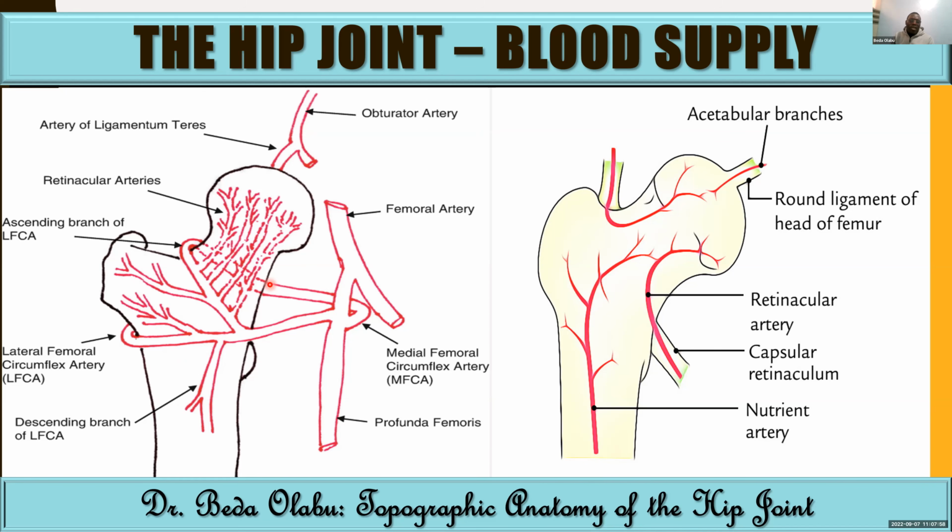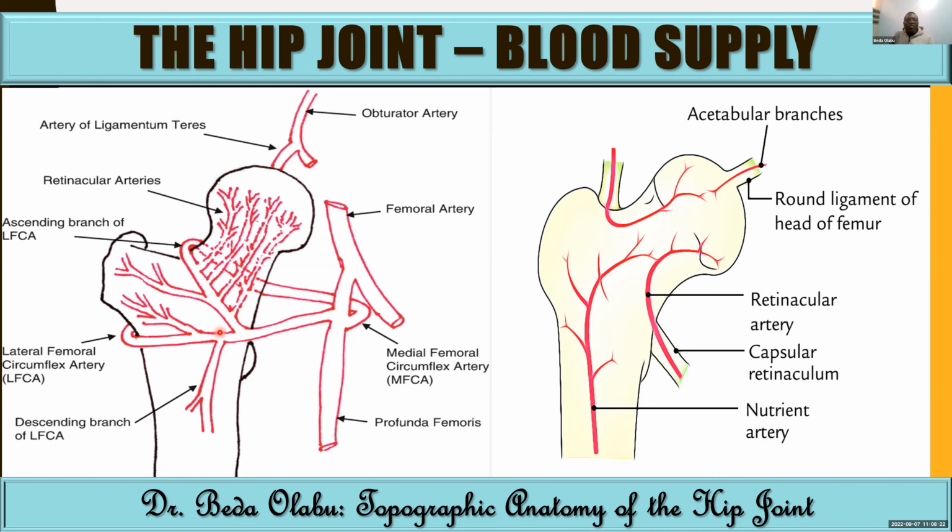Those circumflex femoral arteries are called so because they go around the femur, one medially, one laterally. The medial circumflex femoral artery has two branches, the ascending branch and the transverse branch.